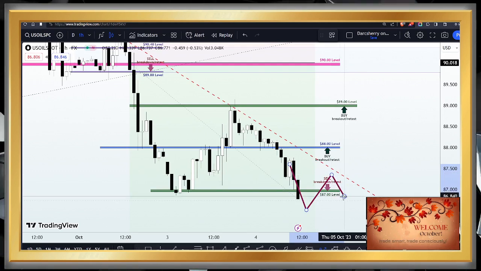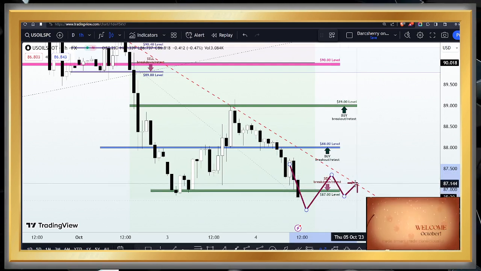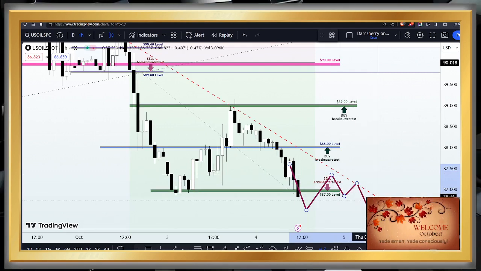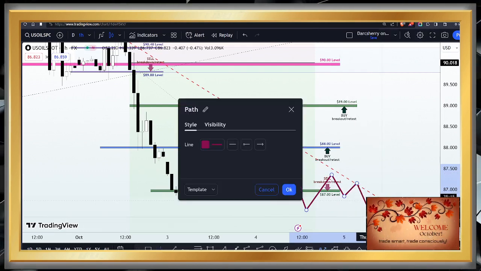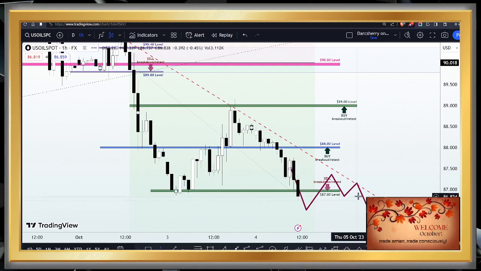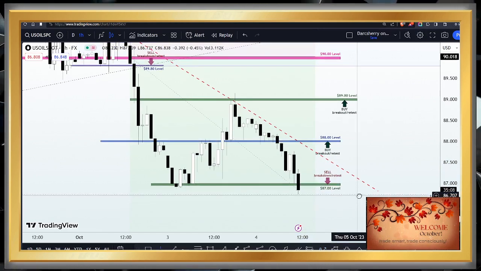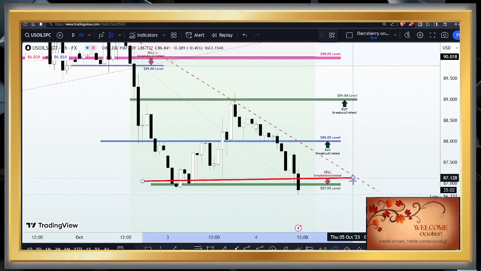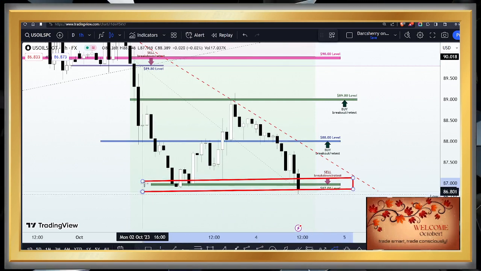But most importantly, we want to see continued selling pressure on our lower time frame around the structure to give us an opportunity to sell. So this is how we are going to be selling the US oil spot for today. Remember, for those who still have a sell position, I told us all to move our stop losses, and then we look out for more selling opportunities below the $87 area.